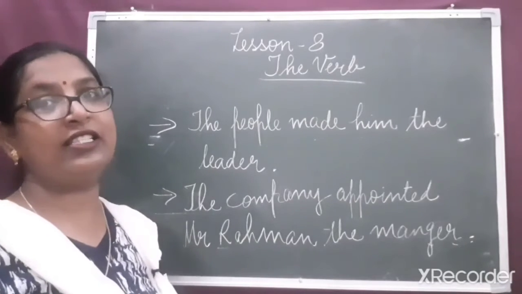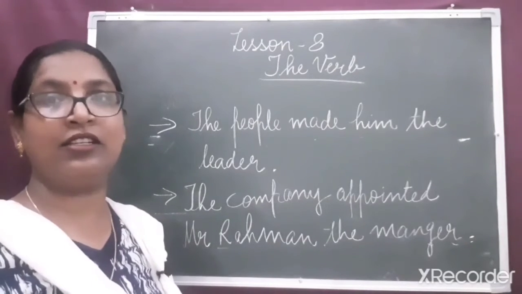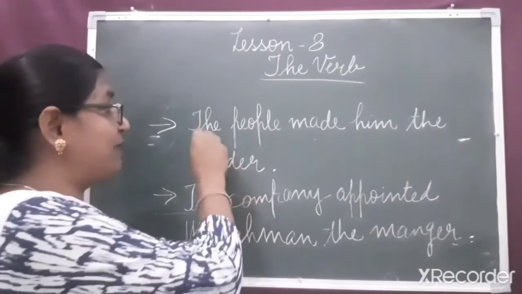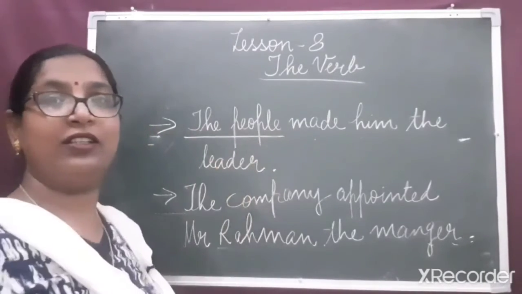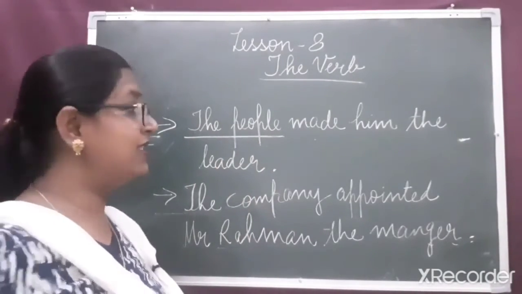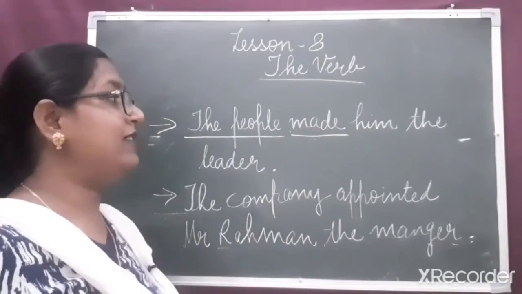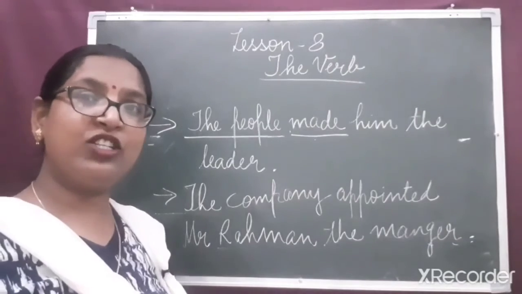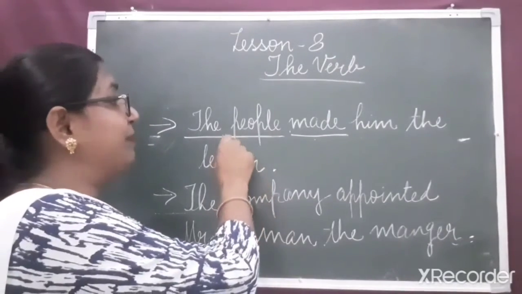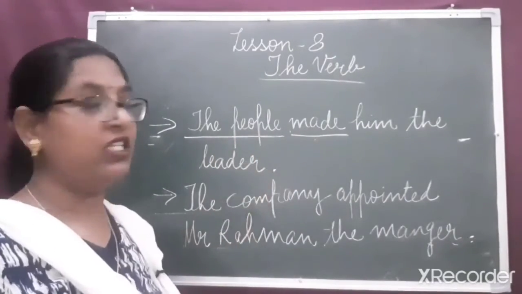First of all, let us recognize the subject in this sentence. What is the subject? The subject is the people. What is the verb in this sentence? Made is the verb in this sentence. We'll continue the process. The people made what?